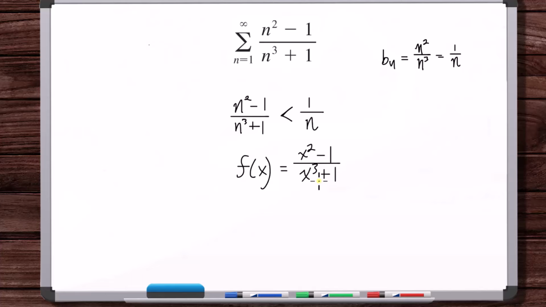Now, is this decreasing? Yeah, the x cubed is going to dominate, going to take over. As x gets larger, definitely this is decreasing, and it's continuous. So okay, we can do the integral test going from 1 to infinity.